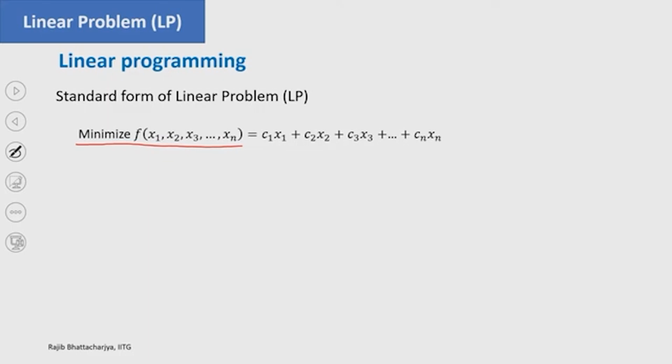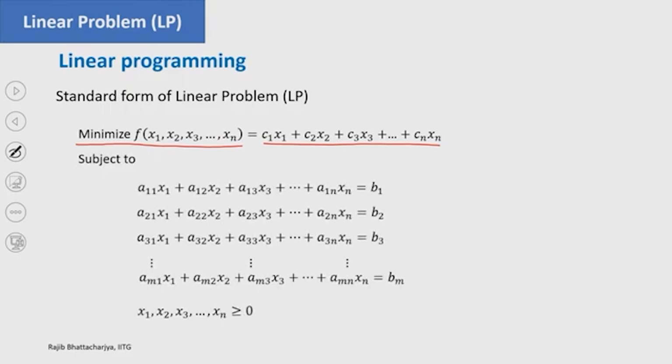Now, I may have n variables x1, x2, x3, up to xn. This is a linear function, so the function could be c1x1 plus c2x2 plus c3x3 plus up to cnxn. This is your objective function, subject to the linear constraints. This is the standard form.